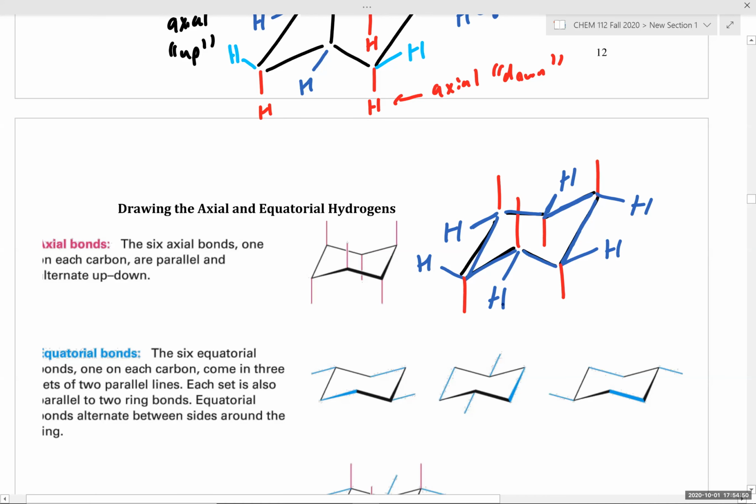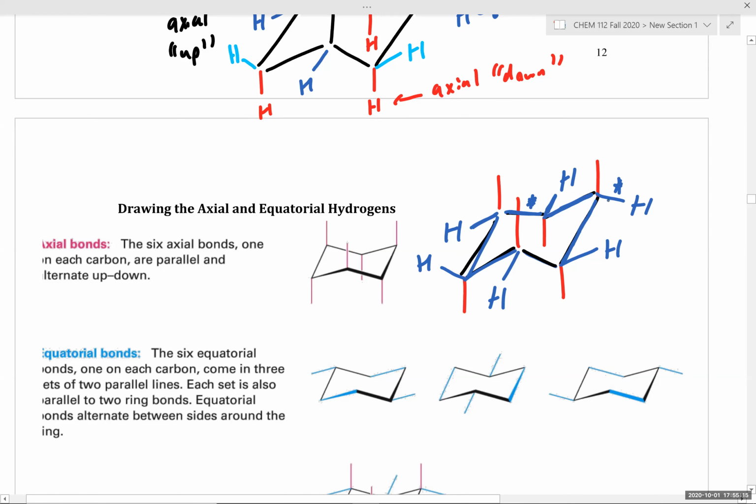Does that make sense to everyone? Does everyone see how our carbon-hydrogen bond, or our equatorial substituents, are parallel to the carbon-carbon bond that is adjacent?